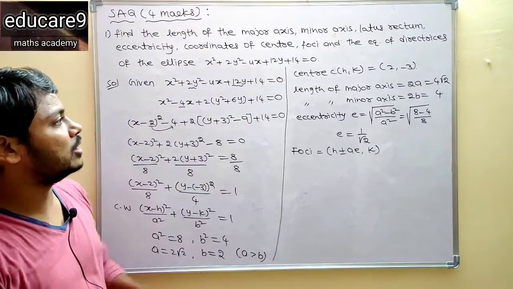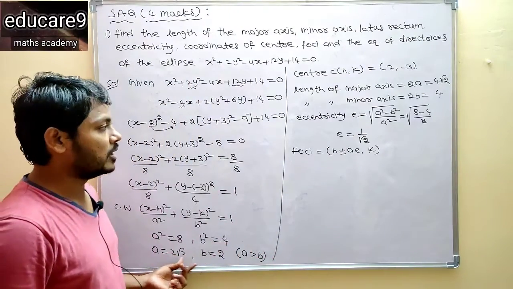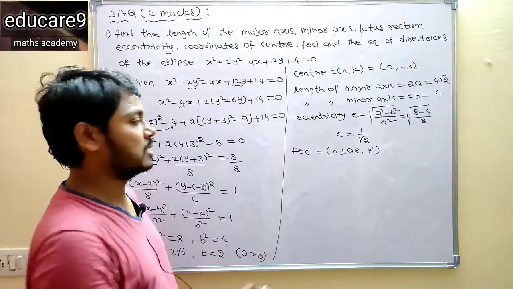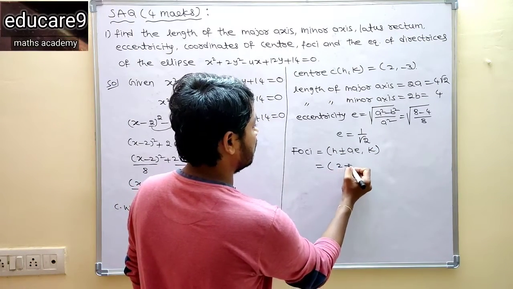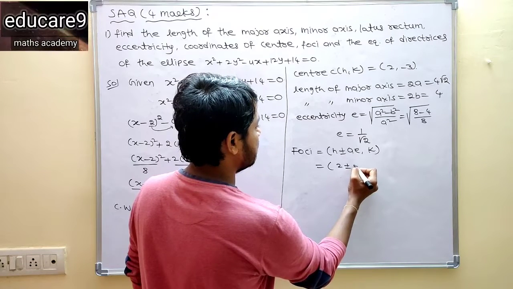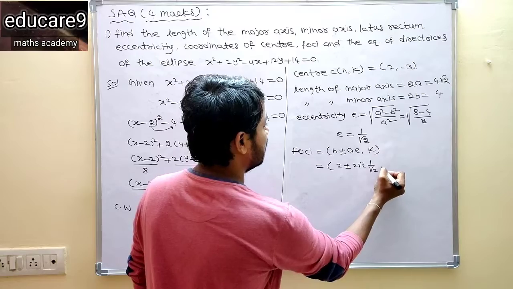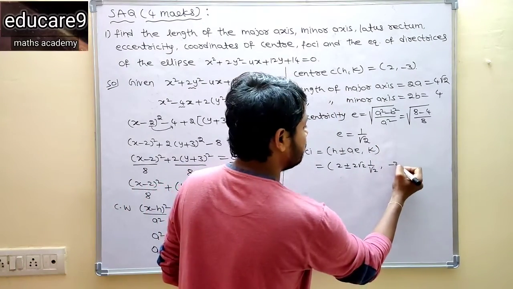Now h value 2, a value 2 root 2, and e value 1 by root 2. Substitute all the values. Here this is equal to 2 plus or minus 2 root 2 into 1 by root 2 comma k value minus 3.